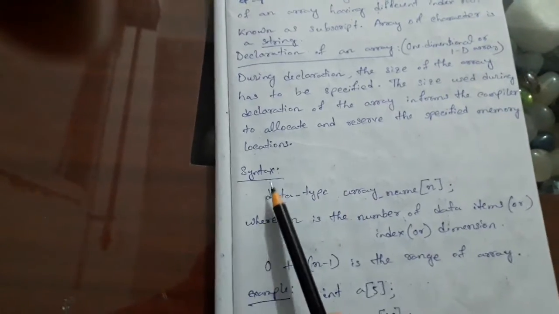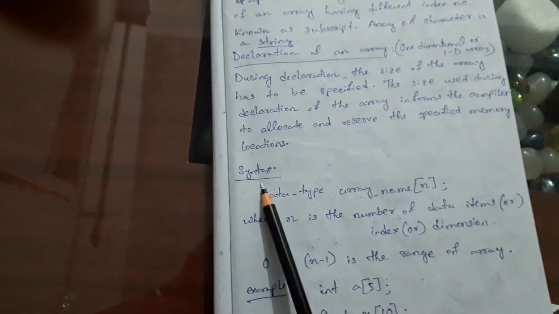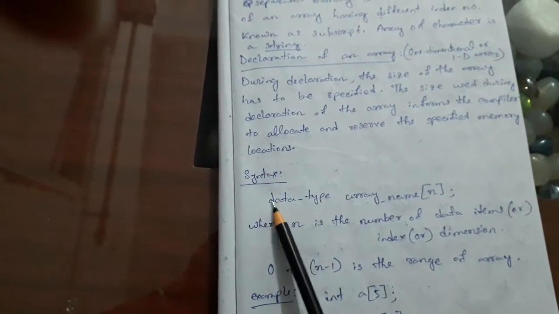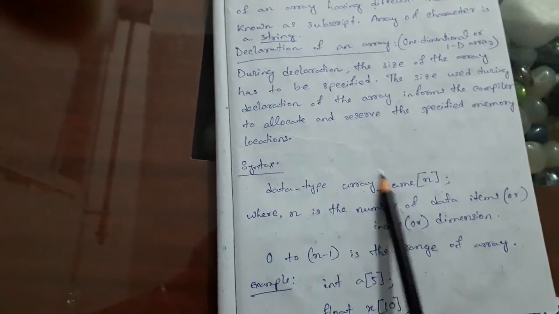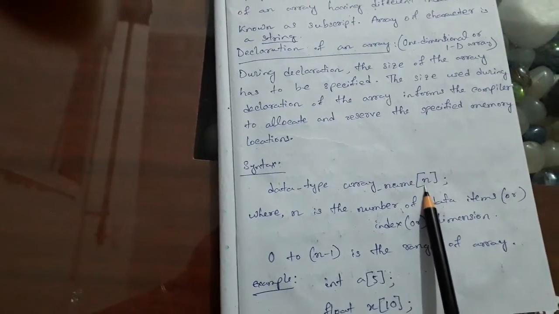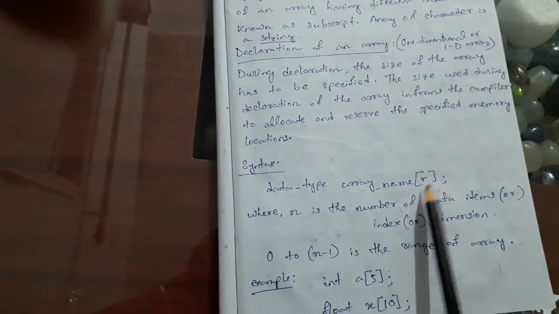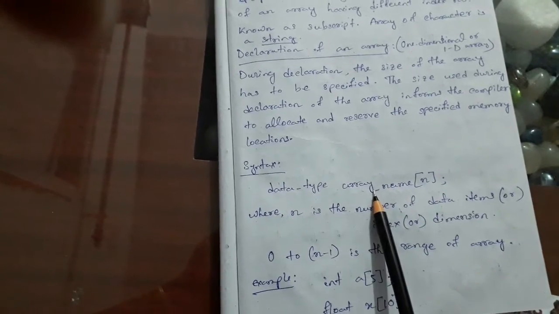That means, what is the syntax for how we actually declare the array? First is the data type, next is the array name, and then the size, or the number of items, or index, or the dimension of the array.